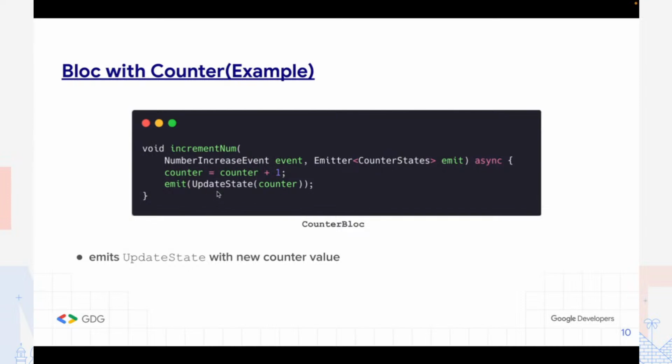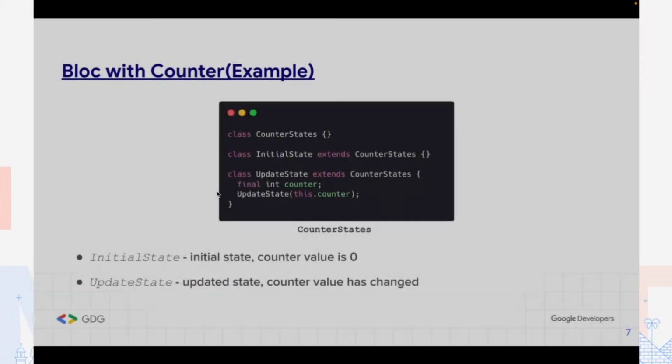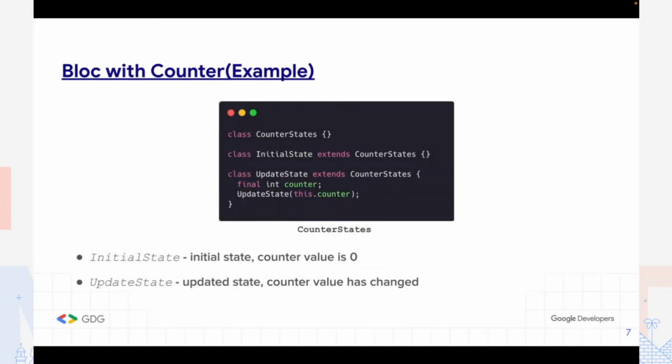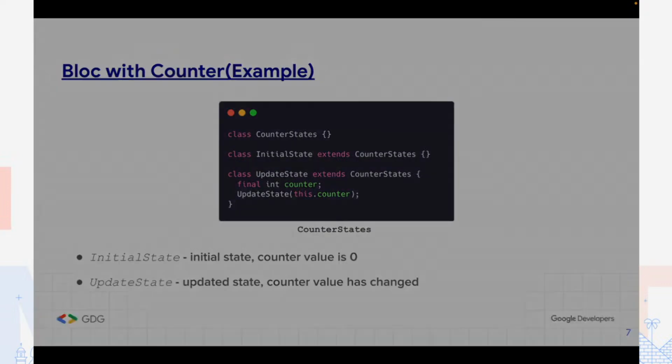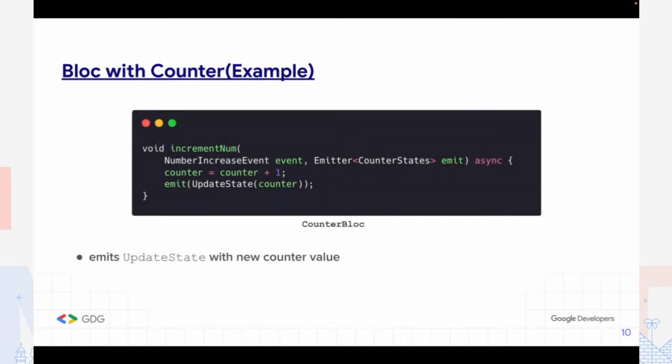Now, if you remember the update state, it has a constructor where it takes in the value and returns that value. So here it does the same. We are going to call the update state class and pass the current counter value.